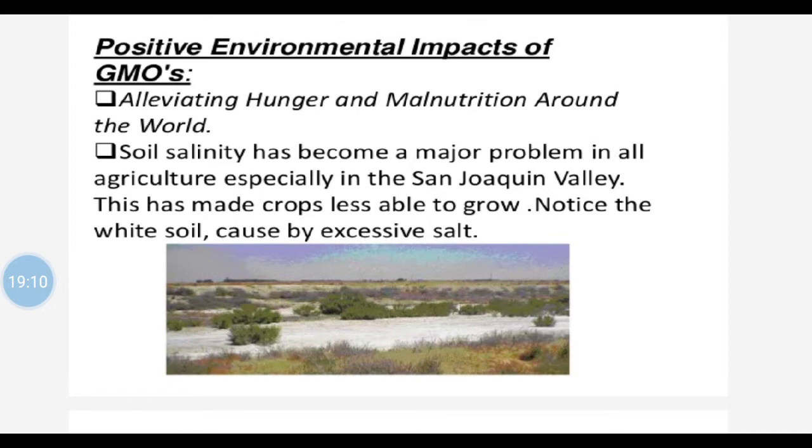Now at the same time, there is positive environmental impact of genetically modified organisms, that they are useful to fight hunger and malnutrition around the world, isn't it?